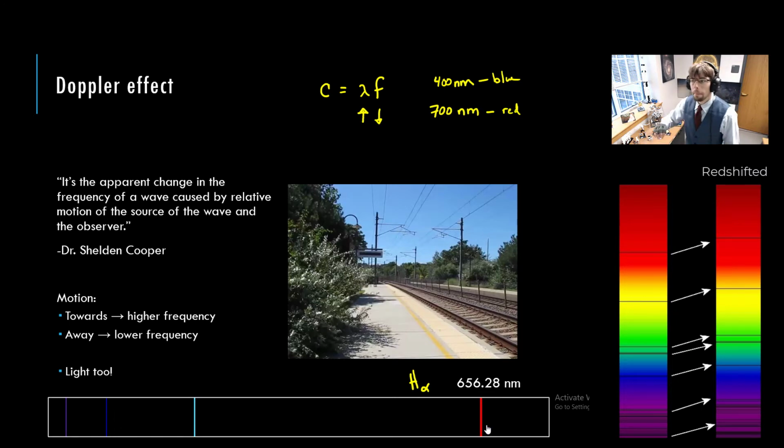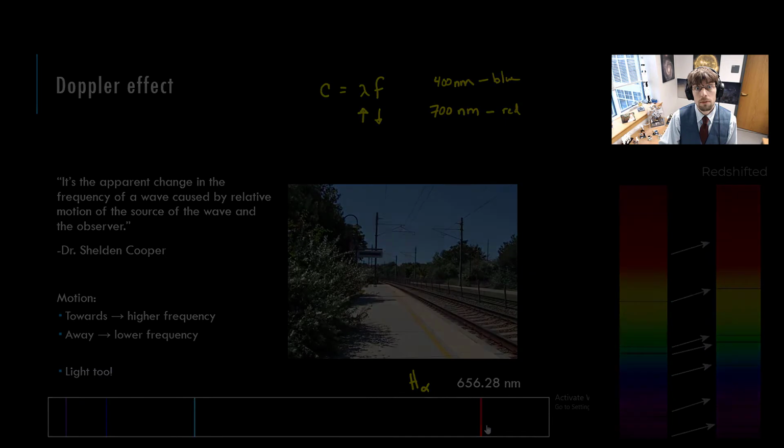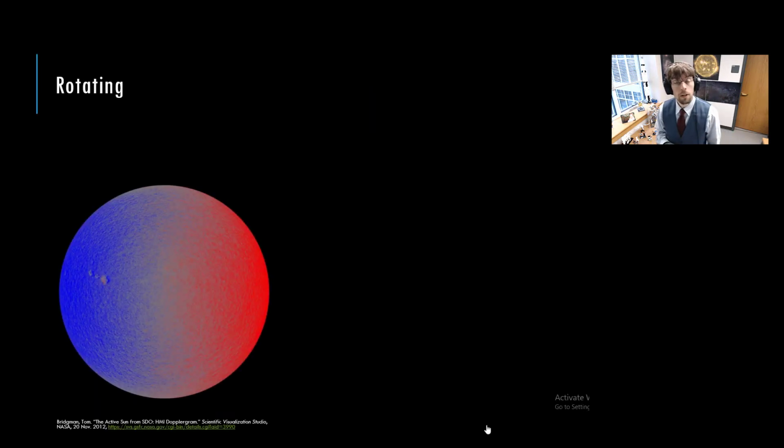Okay, so let me give you an idea about how we can use this. For example, you can use this not only to determine whether an object is moving towards you or away from you, but we can also use it to see the rotation of objects. Displayed for you here is a picture of the sun, and you notice it's falsely colored.